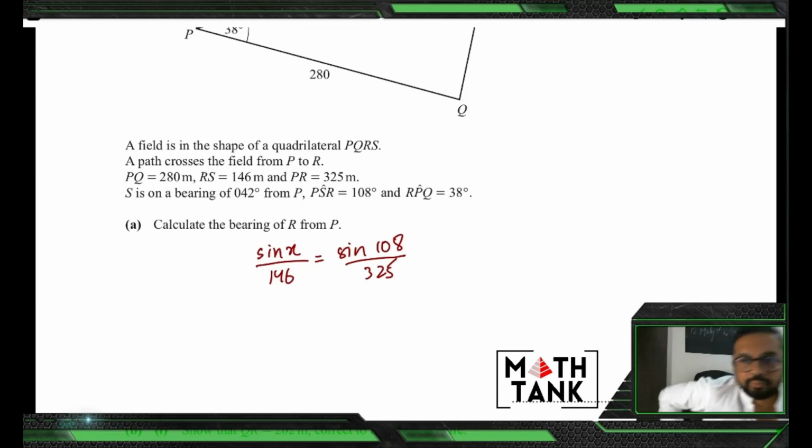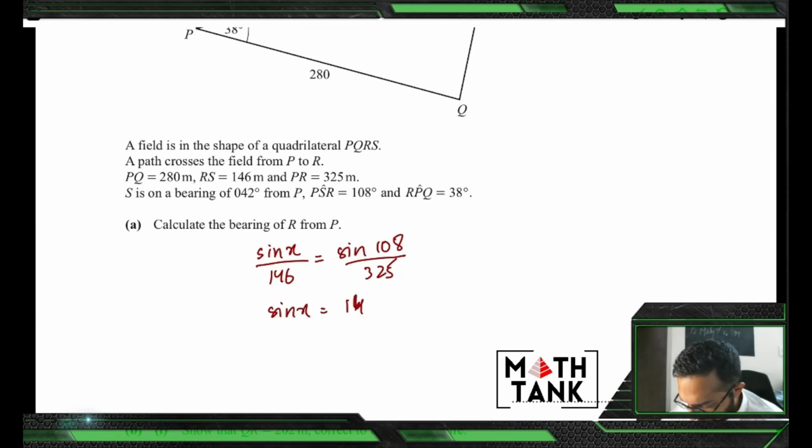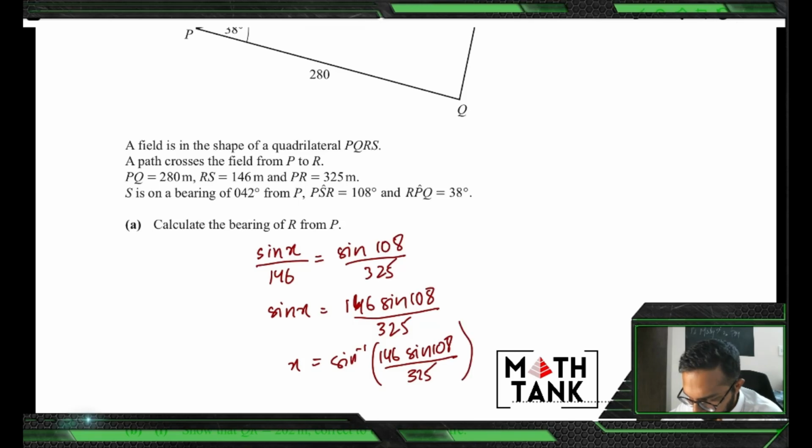So sine X equals 146 sine 108 over 325. Sine inverse of all of this gives me X as 25.29.